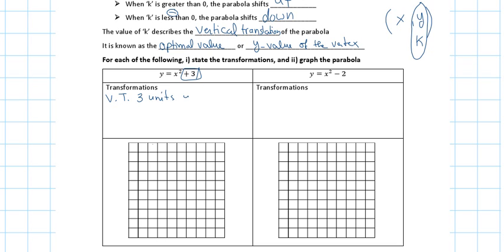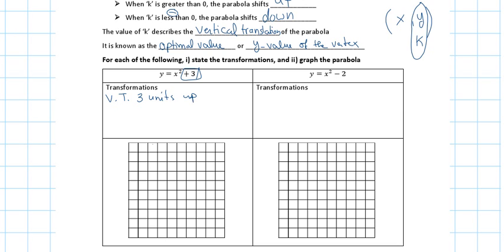In order for me to be able to graph, I'm going to have to use my vertex. So where's my vertex? What would my vertex be? 0, 3. Remember that because it used to be at 0, 0, right? But then I moved it 3 units up. So now it's not at 0, 0 anymore, right? I moved it 3 units up. Does that make sense to you?